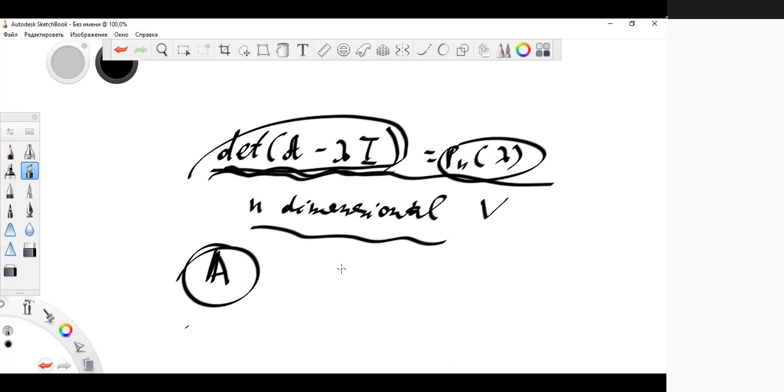One of the coefficients of that polynomial, the constant term, the coefficient at lambda 0, as it appears, equals the sum of the diagonal elements of the matrix representation, and it doesn't depend on the choice of basis.